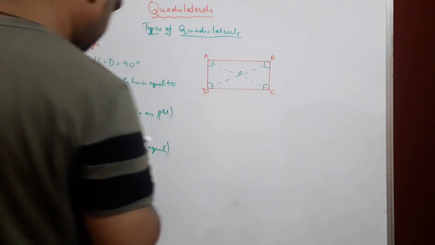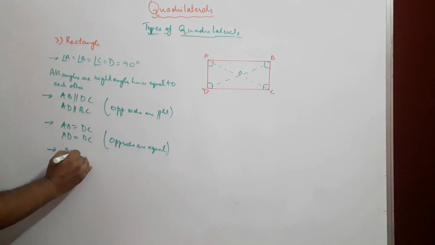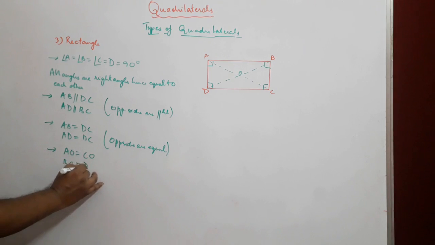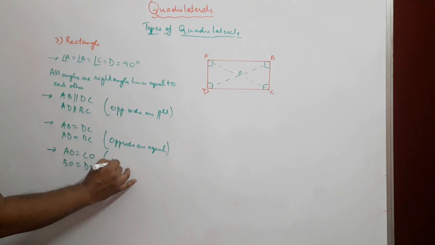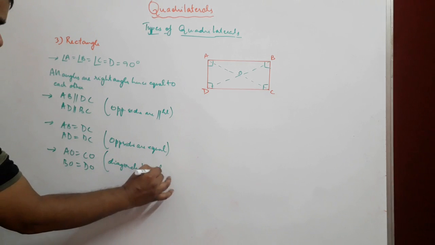Put an O over here, then we have AO equal to CO and BO equal to DO. So diagonals bisect each other.